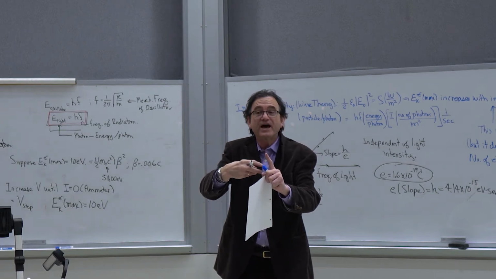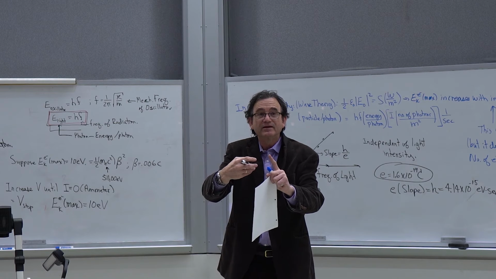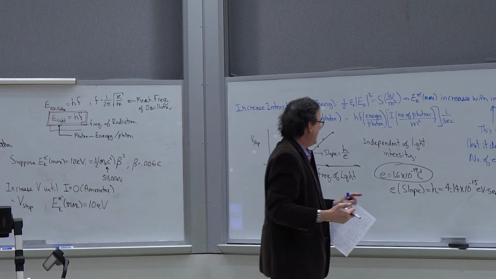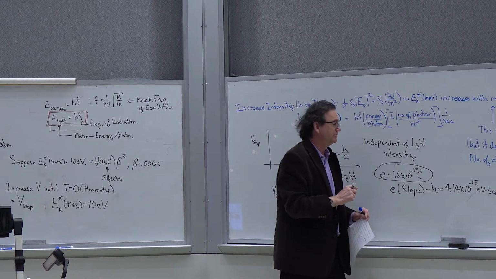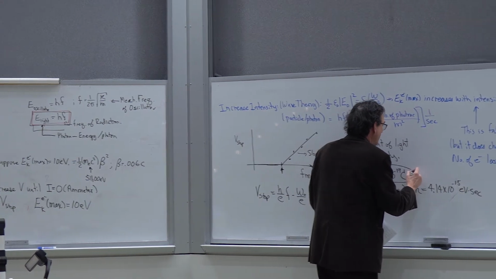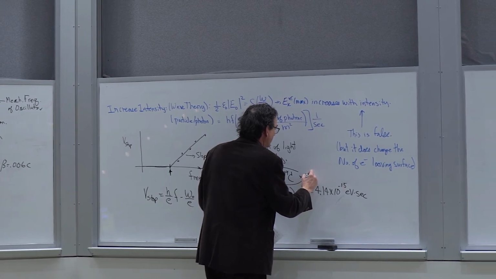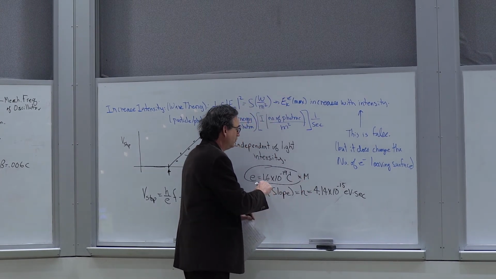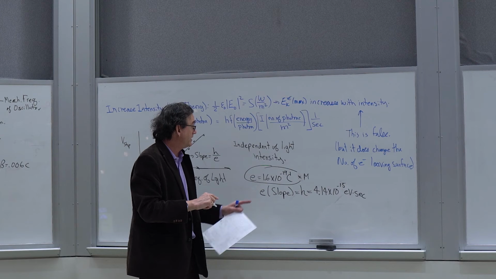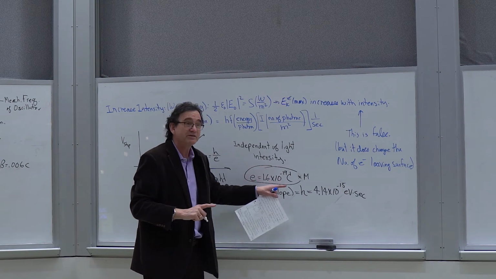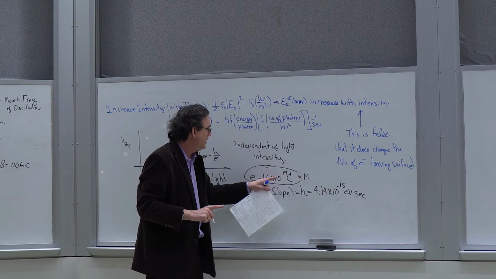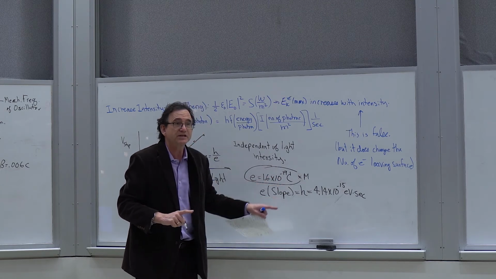I do that for 1,000 different drops. And all of them had a number which was this times some integer multiple. So this was the common denominator of all the drops. You might get 1.6 times 10 to the minus 19, you might get 3.2 times 10 to the minus 19, you might get 4.8 times 10 to the minus 19, you might get 6.4 times 10 to the minus 19.